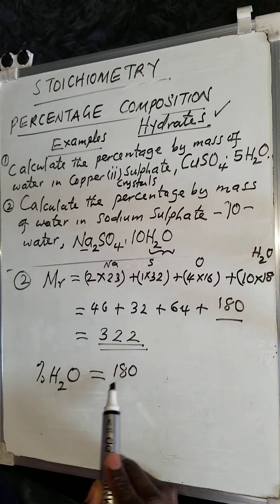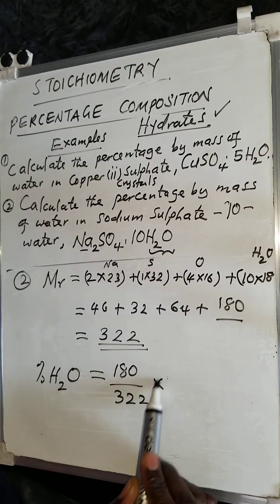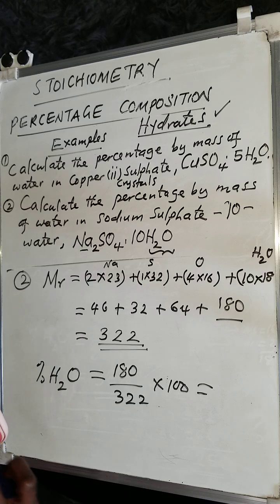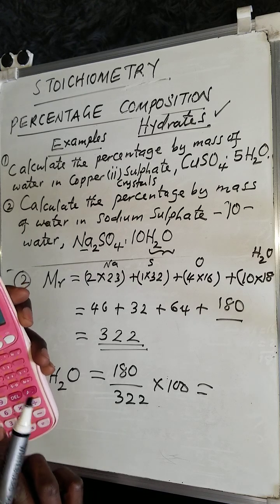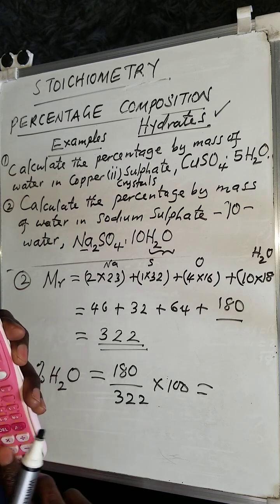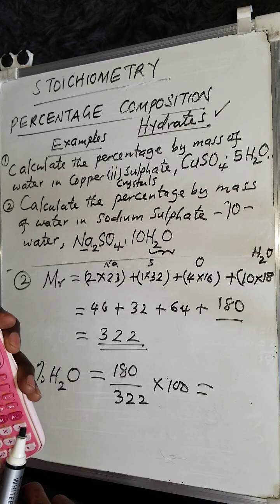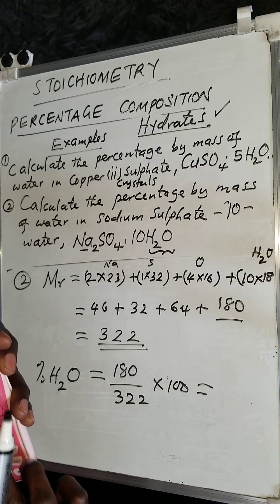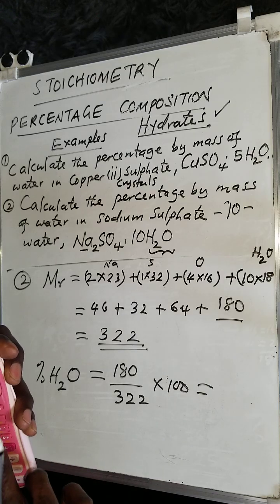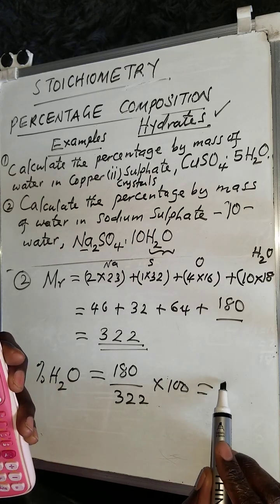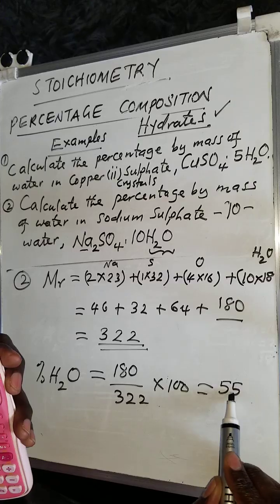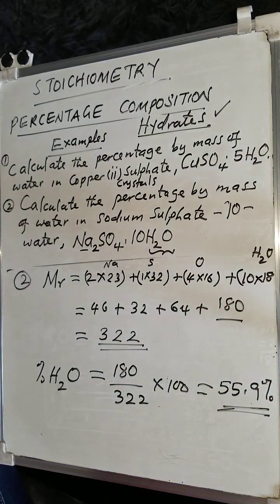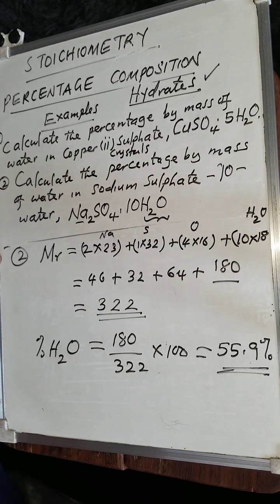It is 180 over 322 multiplied by 100. So that is giving me 55.9 percent, which is just the same as 56. So please watch out. That is what you can do.